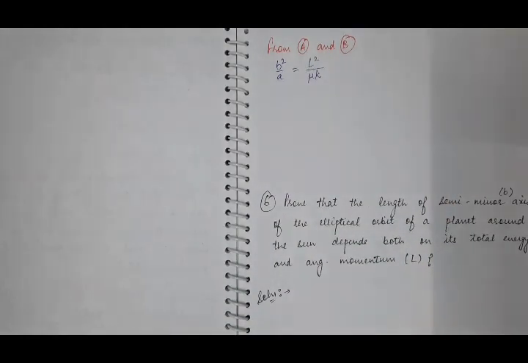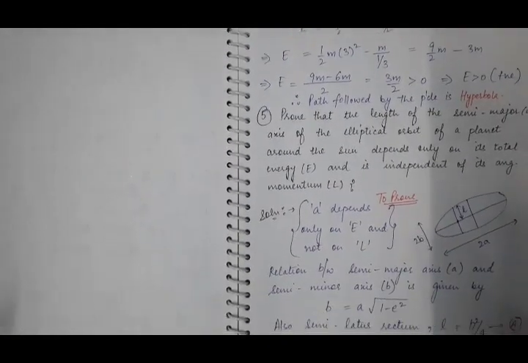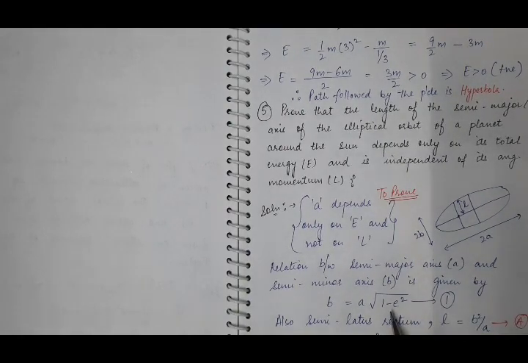And we know that here we have to prove the dependence of the semi-major axis, that is A. It means we have to remove B from this expression. How will we remove B? From this equation, suppose this is equation 1, put the value of B from equation 1 in that expression.